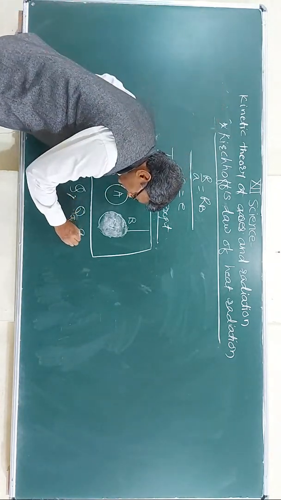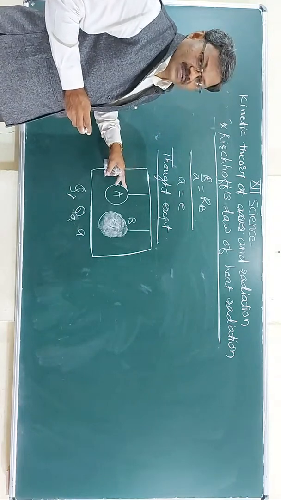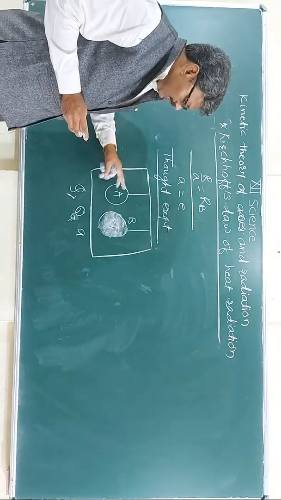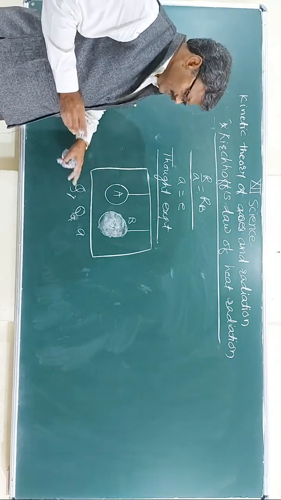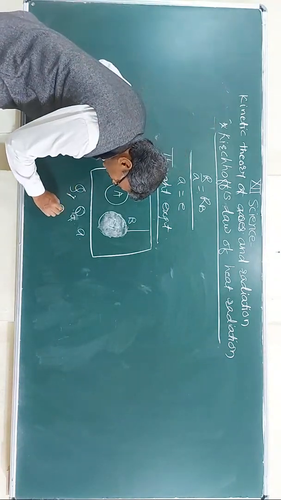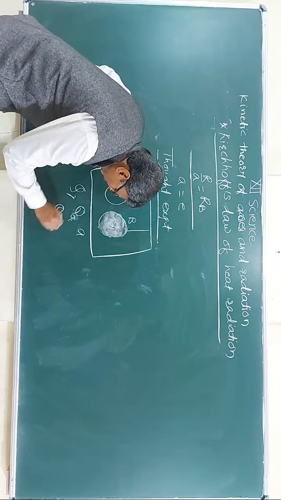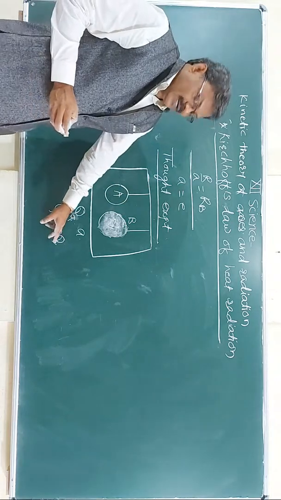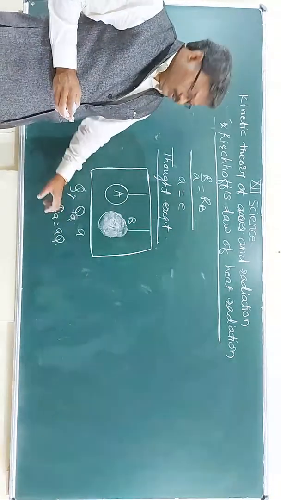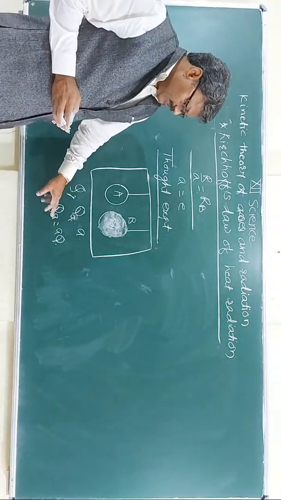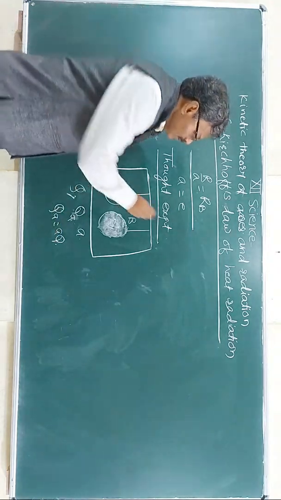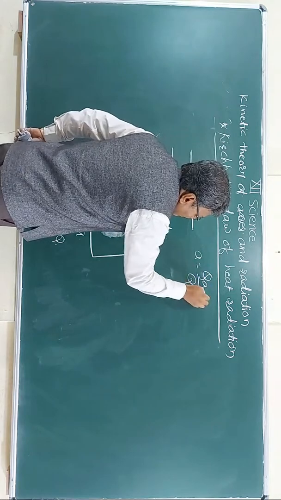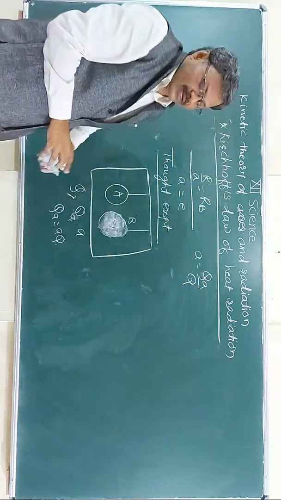Now, A is the coefficient of absorption of the ordinary body, and QA is the energy absorbed by the ordinary body. Since the total energy incident on the body is Q, the energy absorbed is A into Q. We know A is equal to QA upon Q, so QA is equal to A into Q.